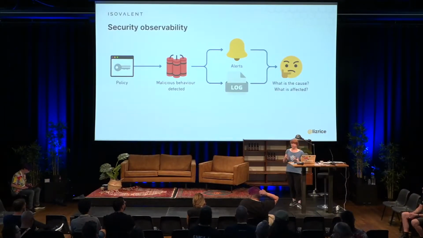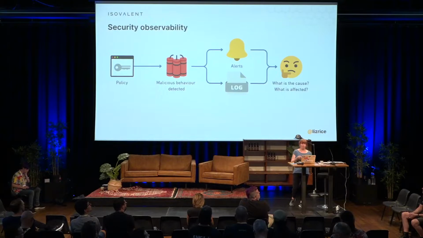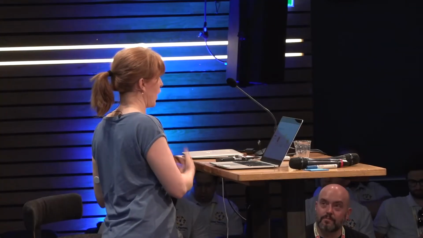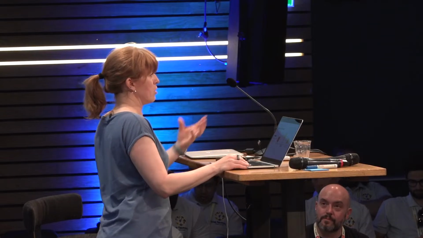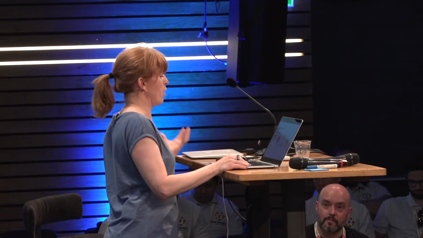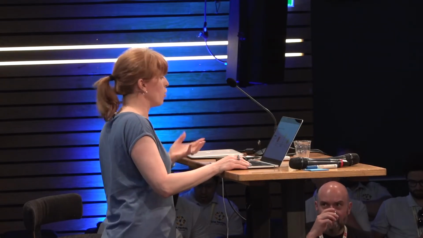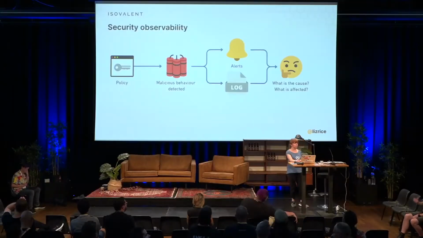In order for this really to count as observability and to count for forensics, we need to understand not just that a security relevant event occurred, but we also want to be able to understand why it occurred, how it occurred, get back to what compromised this application or the pod or whatever bad thing has happened.